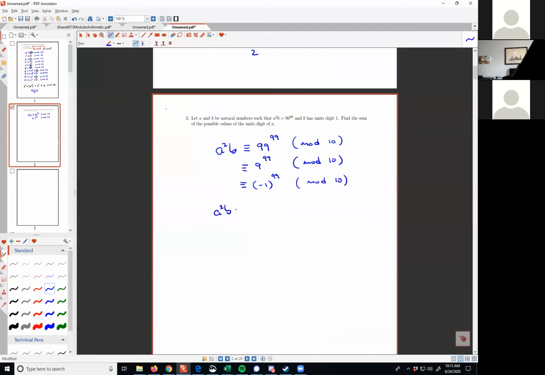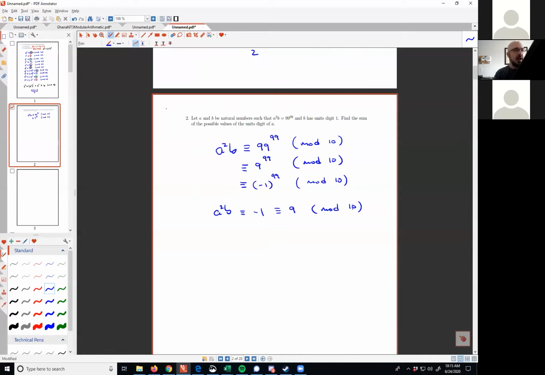So a squared b is just congruent to -1, or we could say that's congruent to 9. Now we can bring it back positive and work with it. So you don't always have to do all your modular arithmetic with positive numbers. Sometimes you can find an easier way to make use of negative numbers.